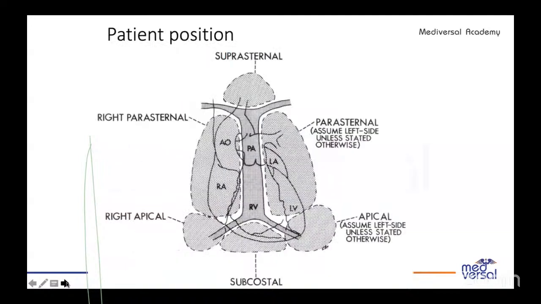So these are the positions, a graphical presentation of the body. You can see there's a view known as the suprasternal view for the aorta, just to see the aorta, right? Parasternal, sometimes to see the descending or the ascending aorta, right? Apical also, to see the RA, right?